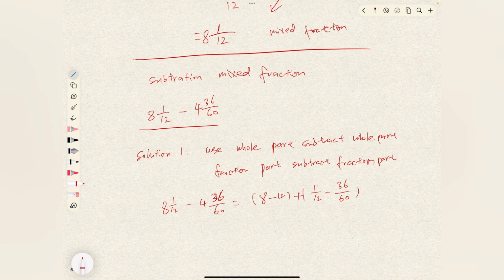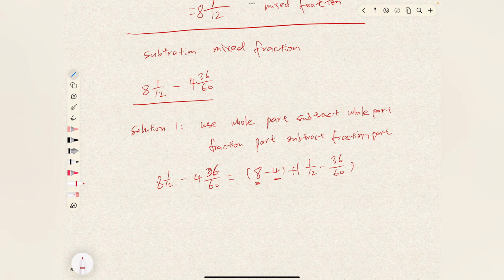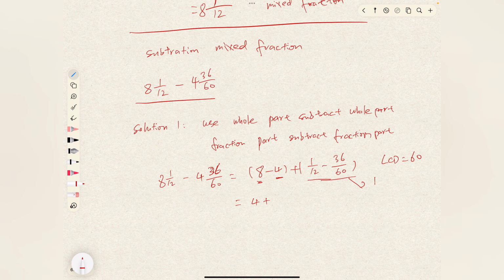So the thing is, sometimes this number is less than this number, so that could give us a negative value. For this one, we need to find the LCD for them. It's 60. So for this one, 12 minus 60 here, so it's 5 divided by 60, minus 36 divided by 60, so that's negative 31 divided by 60.